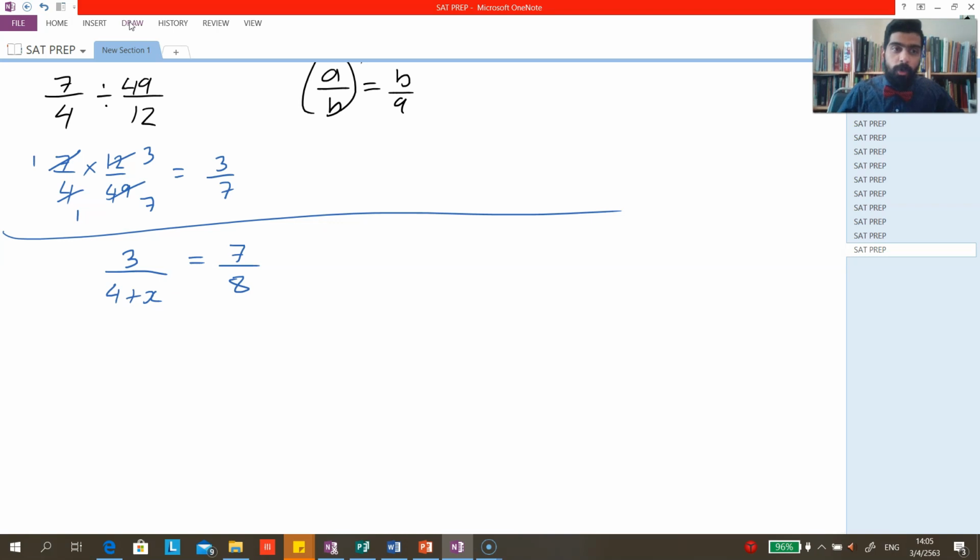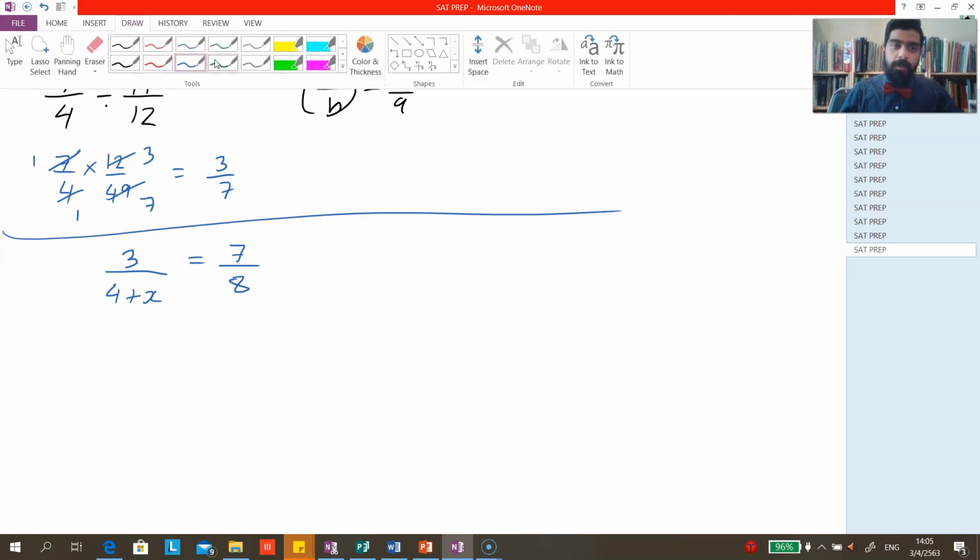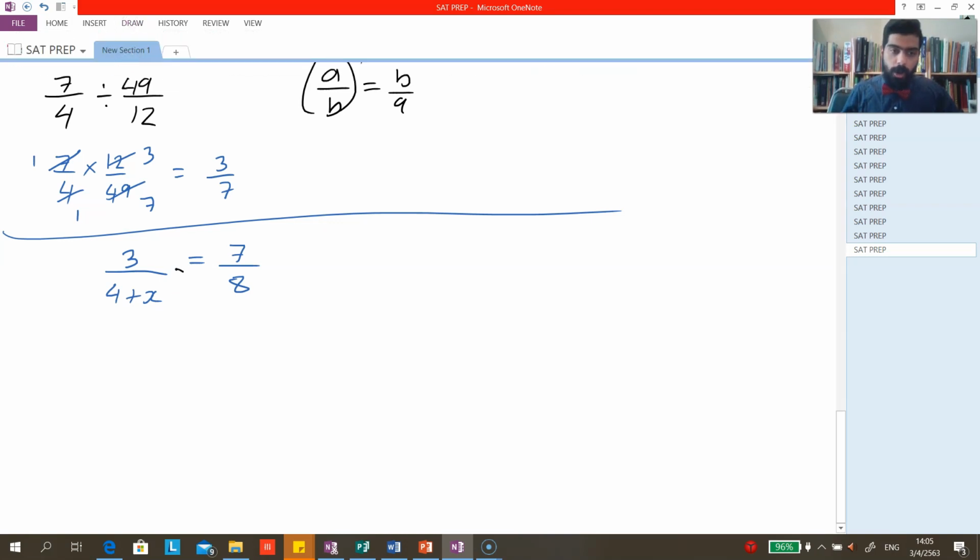In this case, we can simply find the value of x by cross multiplying. So we take 3 multiplied by 8. 3 multiplied by 8 is equal to 7 multiplied by 4 plus x. And then we will have no more denominators.